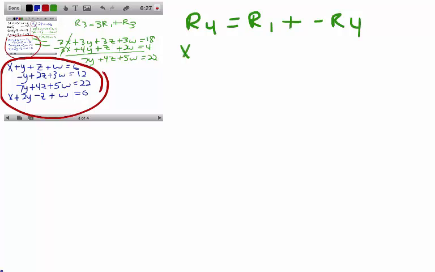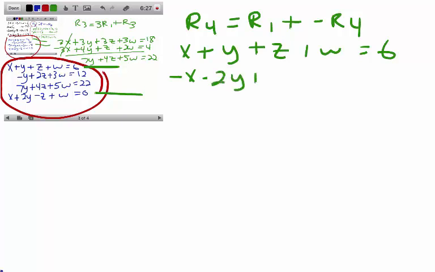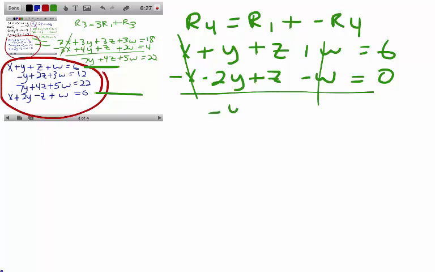Where row 1 is x plus y plus z plus w equals 6, and row 4 is negative x minus 2y plus z minus w equals 0, where our x's cancel, our w's cancel, and we're left with negative y plus 2z equals 6 in row 4. Let's rewrite our new system.